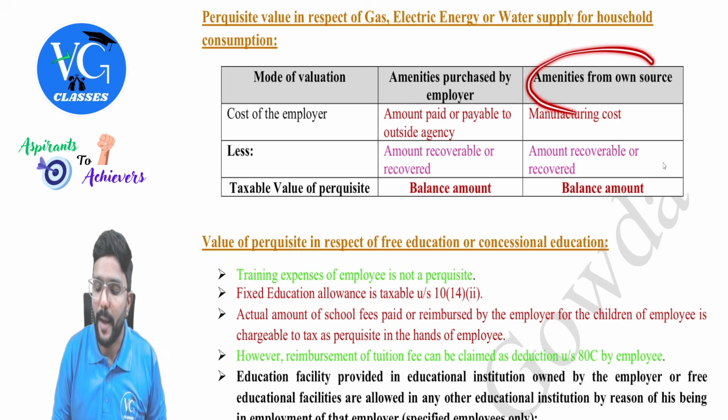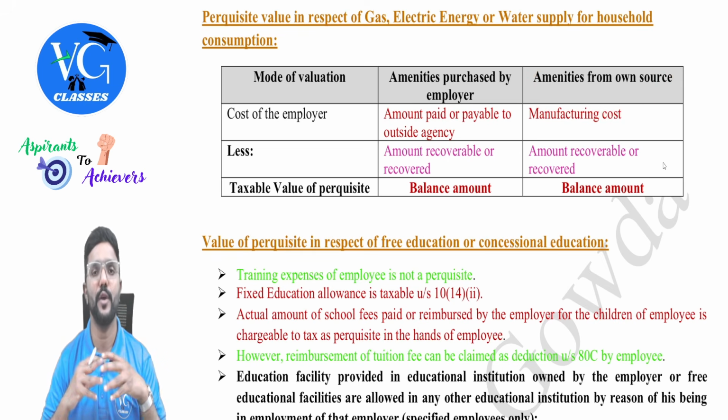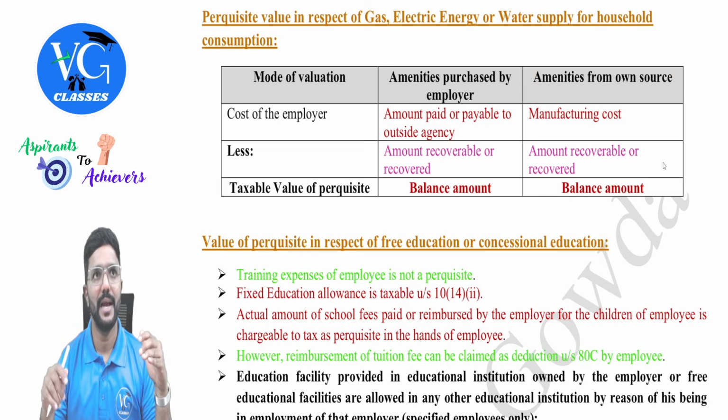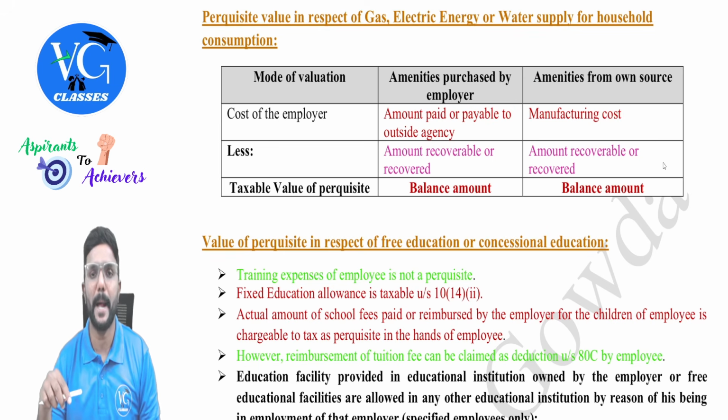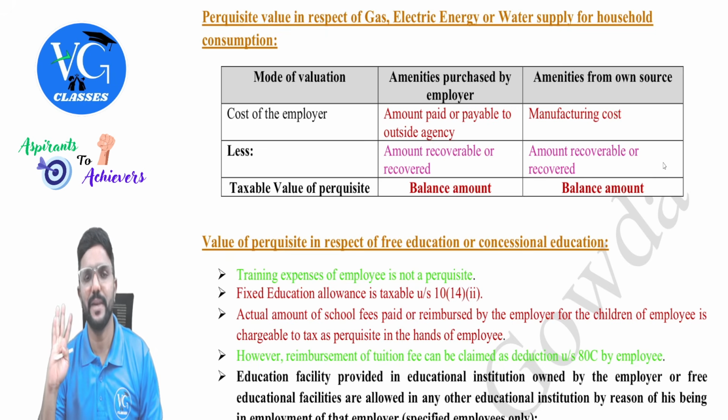Next one: amenities from own source provided by the employer. For example, assume I am working as an employee of BWSSB, which supplies water in the Bangalore area, and my employer is providing free water connection and water supply to me. He is not charging any amount for it.